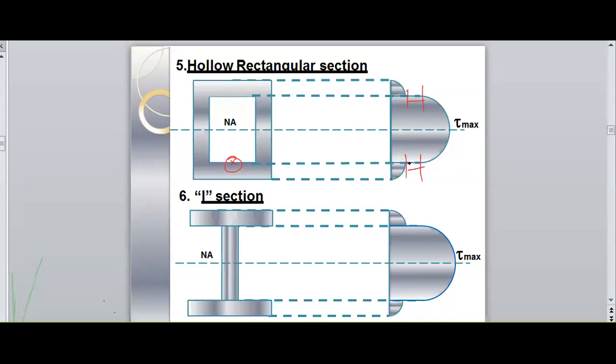The stress increases directly. So here also we can see vertical lines up to a certain limit. The stress will differ at this point.